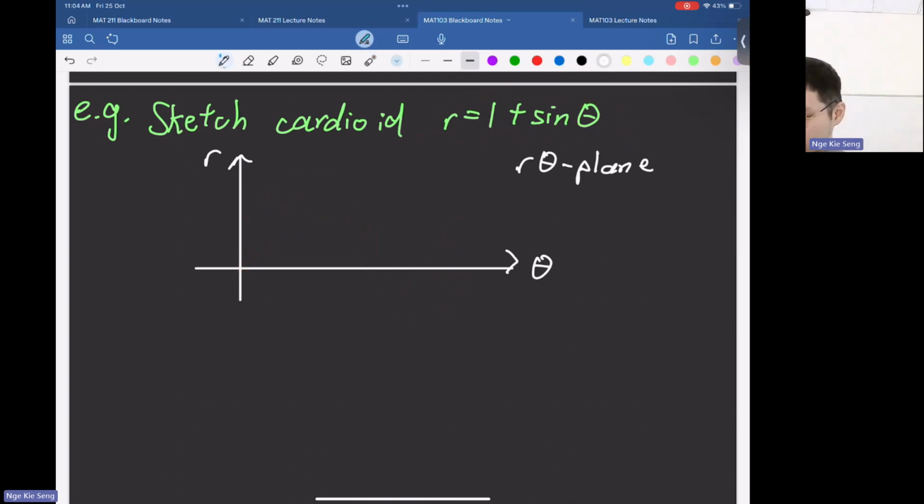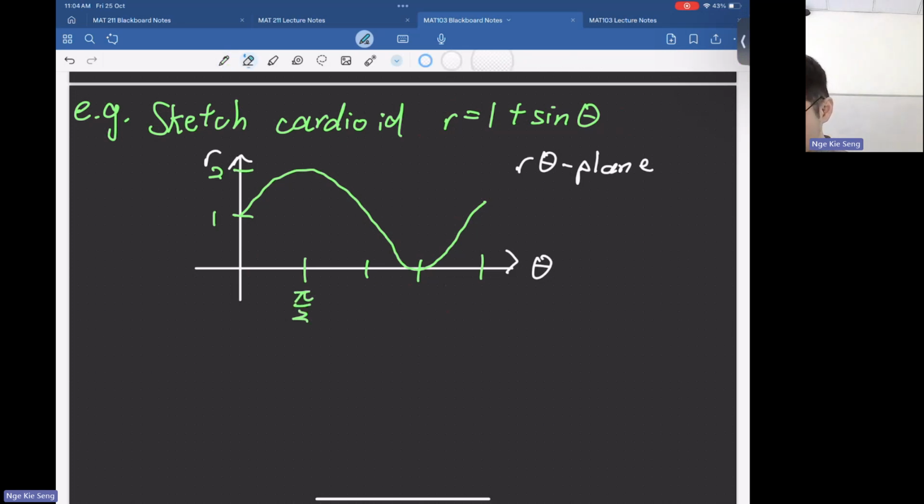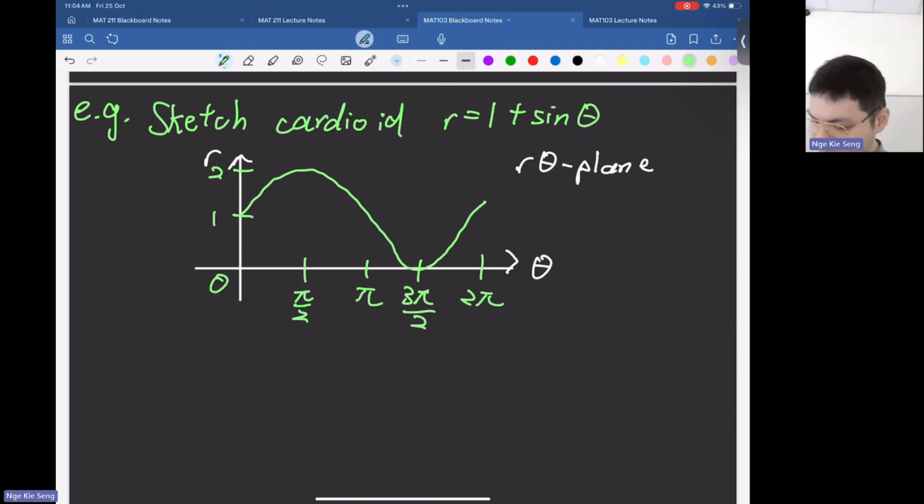So let's draw it. We have a shifted sine curve here. How to label? We have 1, and then 2 for the top amplitude. The lowest one is 0. For the sine curve, there are 4 important angles: π/2, π, 3π/2, and 2π, and obviously you have 0.